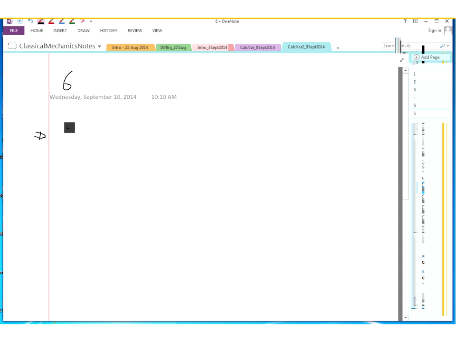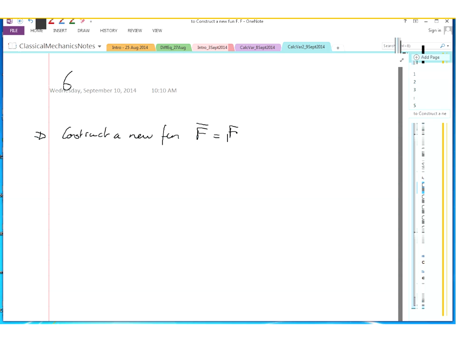So what we can do now is construct a new function f bar that's equal to the original f plus lambda 1 times the constraint equation, plus lambda 2 times the second constraint equation, and so on all the way to lambda k.